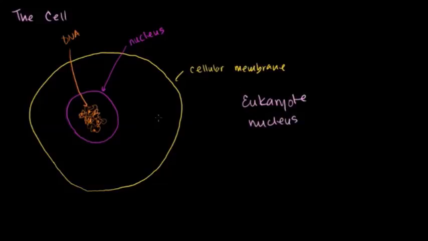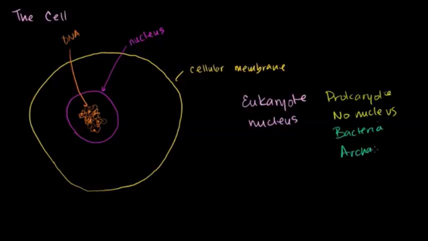So as I've drawn this cell right here, it is a eukaryote. Now, if you do not have a nucleus, you are dealing with a prokaryote. No nucleus. And examples of prokaryotes, the two big groups of them, are bacteria and archaea.